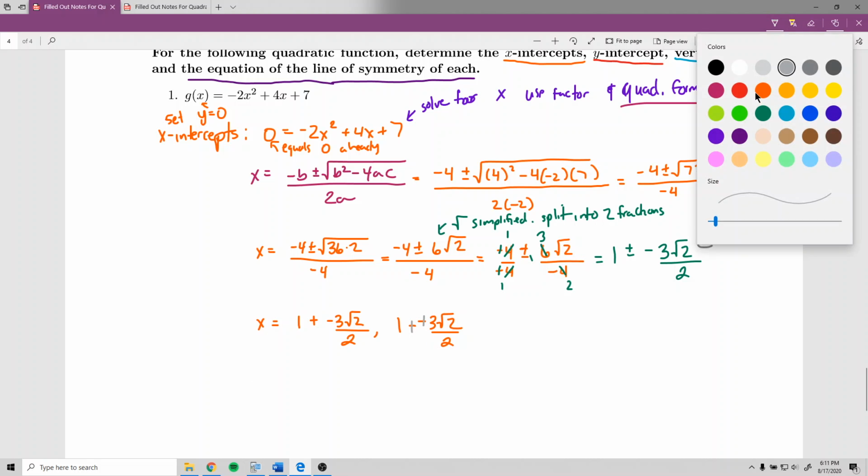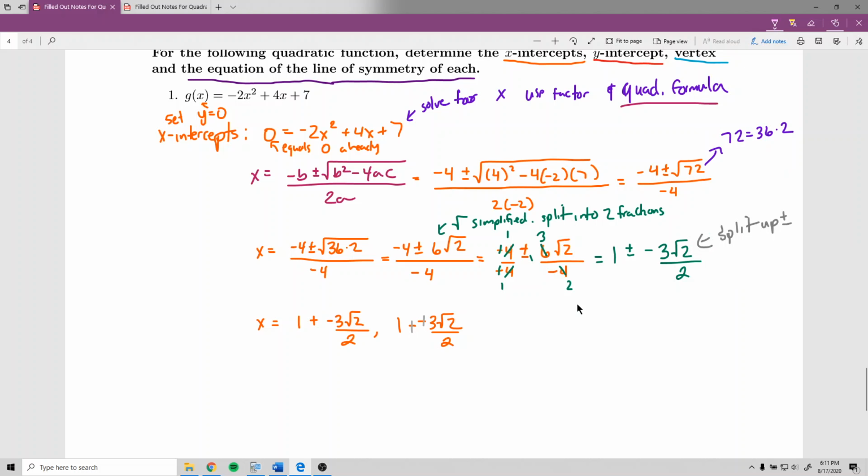So these are the x values of the x-intercepts. Remember, the x-intercepts are coordinate pairs. We do x value comma 0. So we got 1 plus a negative is just 1 minus 3 square root of 2 over 2 comma 0.